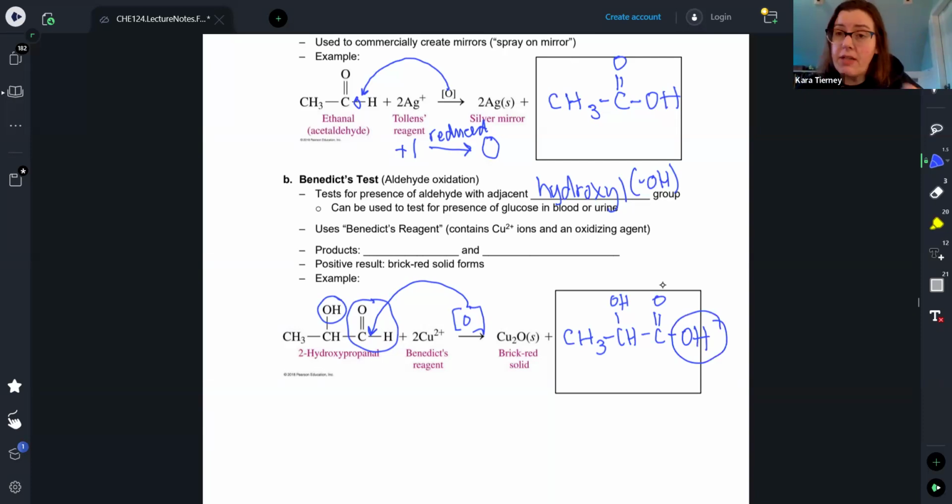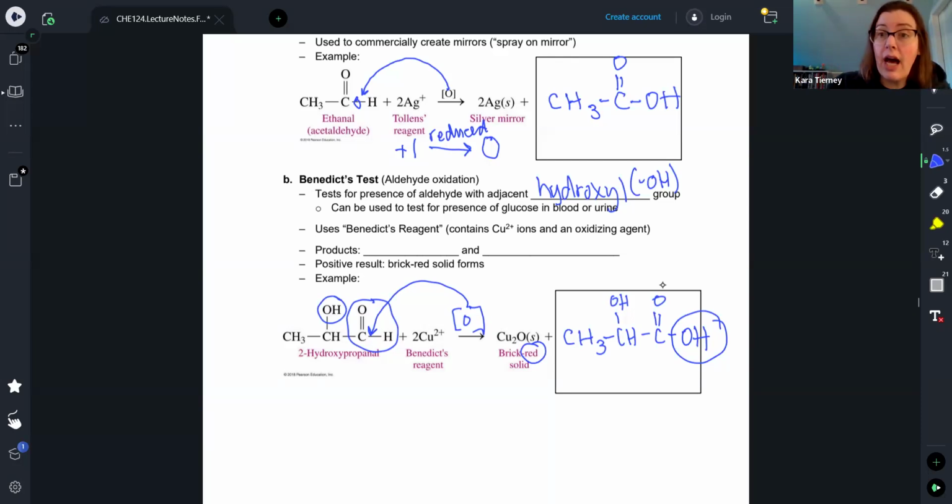What also is going to happen is similar to what we saw before. So when the aldehyde is oxidized, the metal ions become reduced. The copper ions can reduce in a couple different ways. The indication of a high concentration of these compounds is a red color coming from the presence of this compound right here, Cu2O. This is copper 1 oxide.